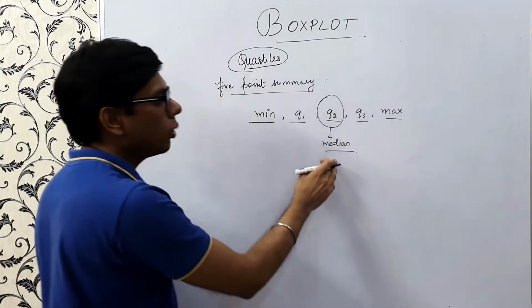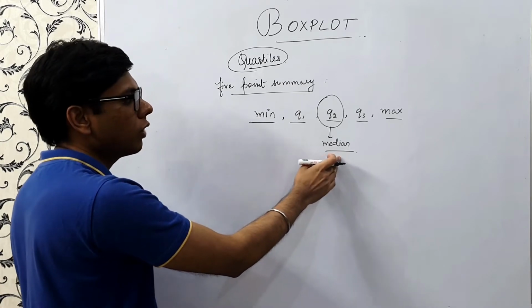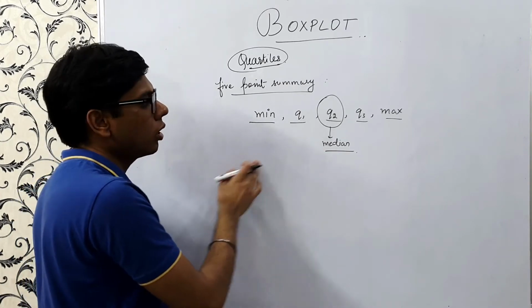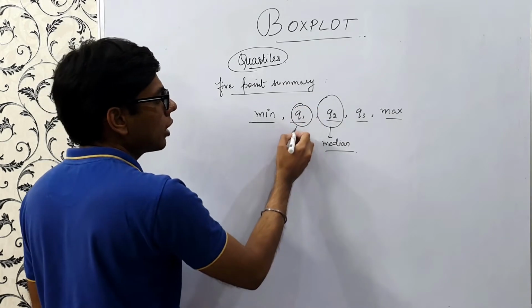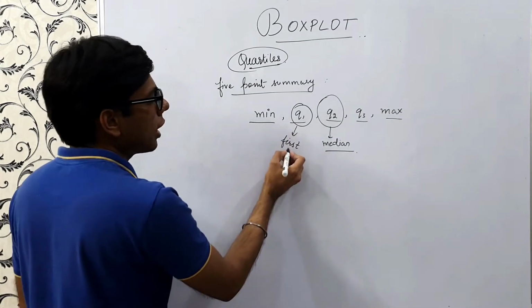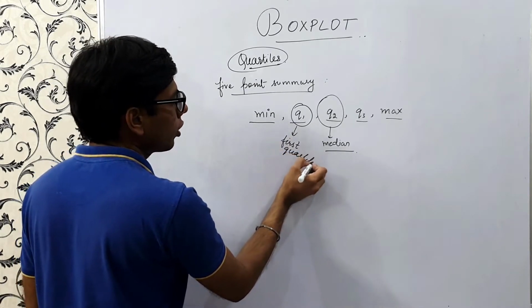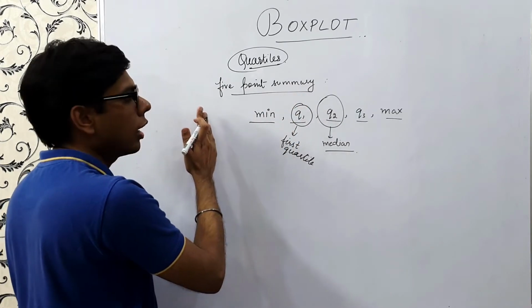So median is the value that divides the data set into two equal halves. 50% of the observations are to the left of it and 50% of the observations are to the right of it. And Q1 is nothing but first quartile, which means that 25% of the observations are to the left of it, right?